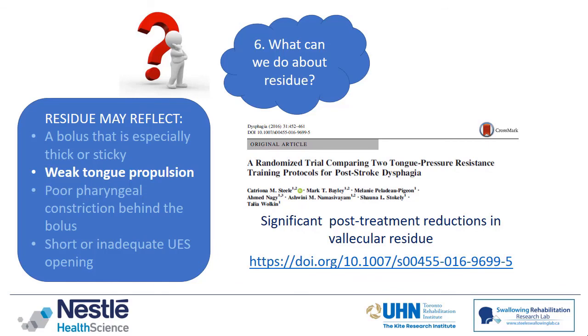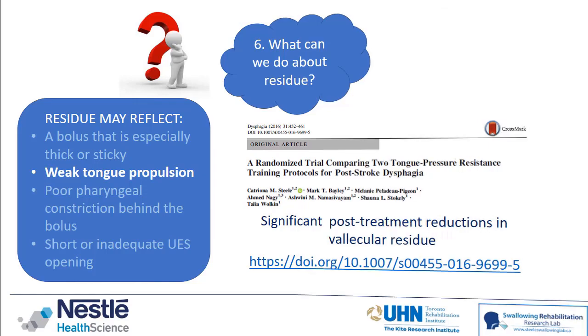And patients in both treatment arms showed significant improvements in molecular residue. Dr. Nicole Rogus-Pulia is currently leading a large pragmatic trial of lingual resistance training across several VA hospitals in the United States, where residue is the primary outcome. So we look forward to hearing the results of that study.